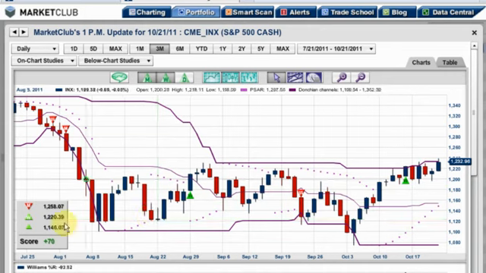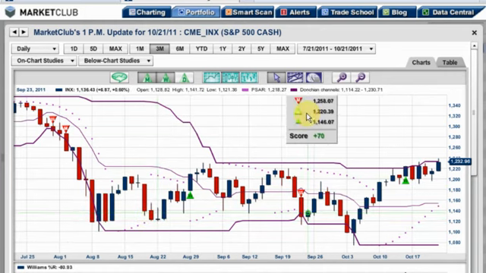Now if you look at our trade triangles, our long-term monthly trade triangle from 1258.07 is negative. Our short-term, intermediate-term triangle of 1,220.39 is basically in an up mode.